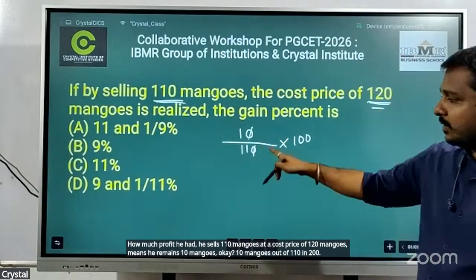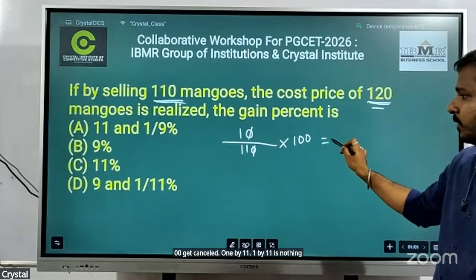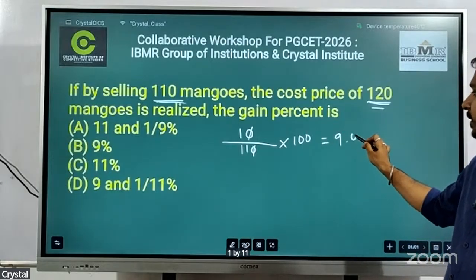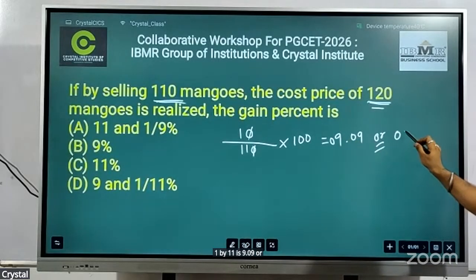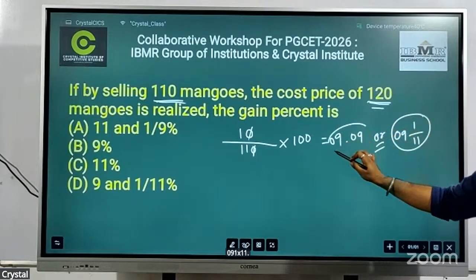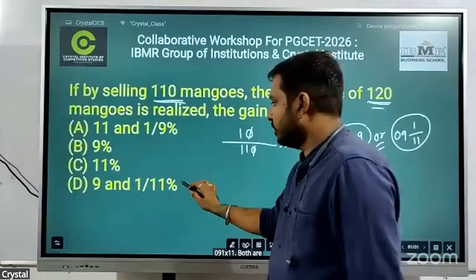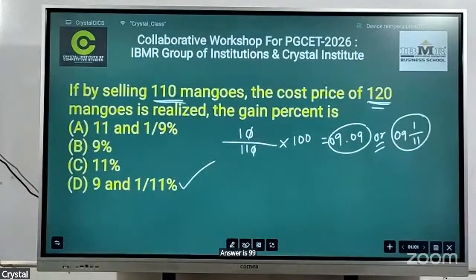The 0s get cancelled: 1 by 11, which is 9.09 or 09, 1 by 11, both are the same. The answer is 9 and 1 by 11, which is the correct answer.